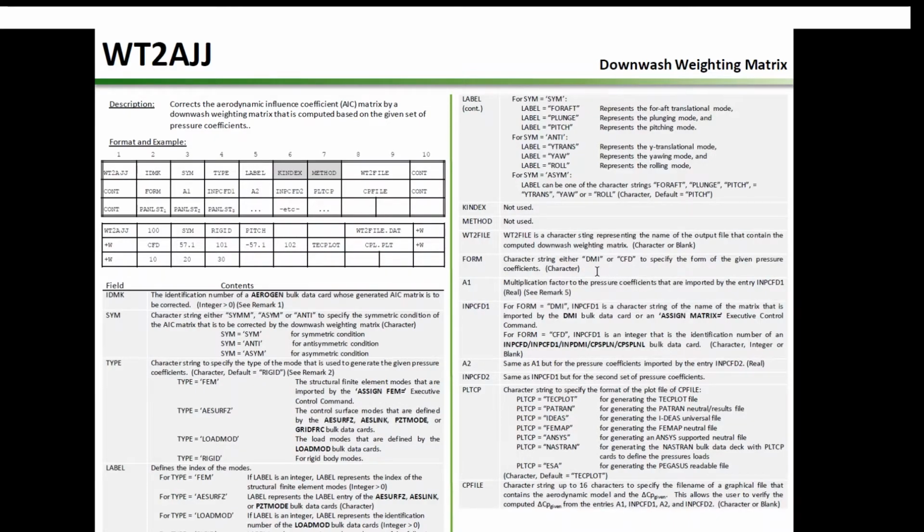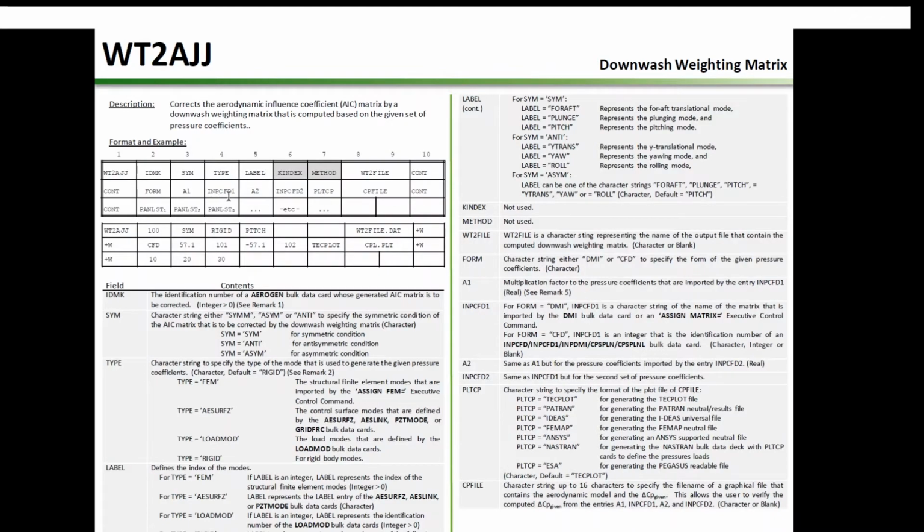You have two choices: one is DMI, one is CFD. DMI you use the DMI card to import the CFD. If you see a CFD, you use the IMP CFD1 or IMP CFD to import the CFD.